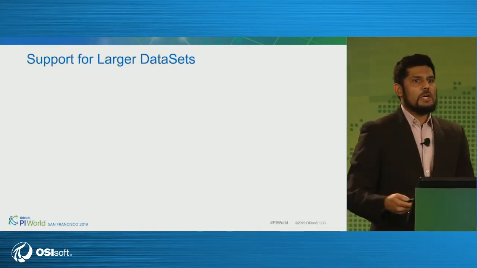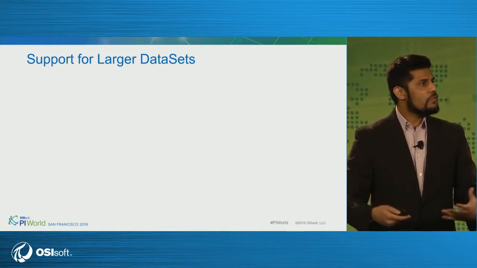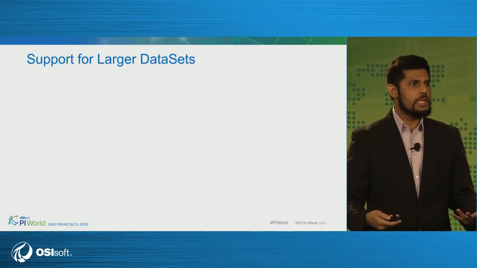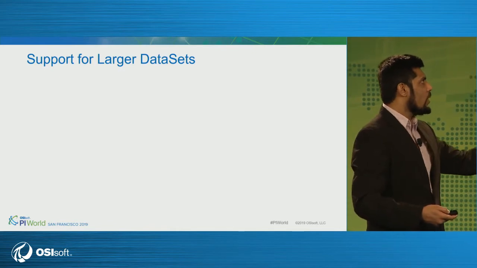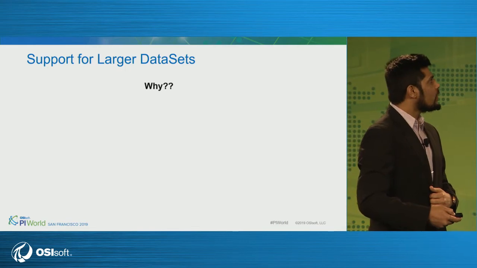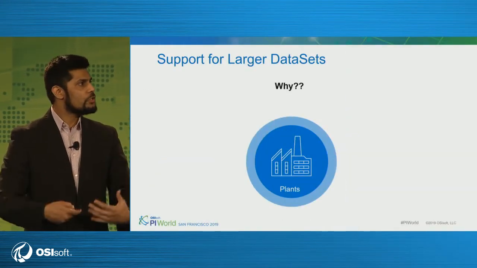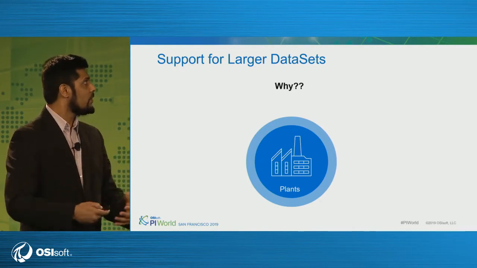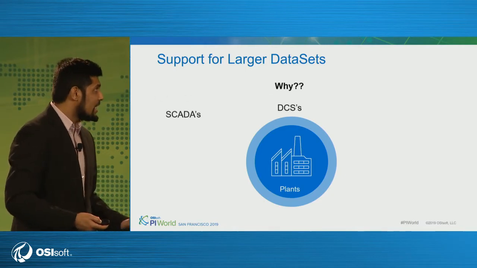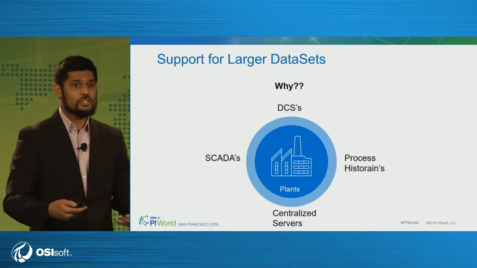As a product manager, it is my role to understand that the features and functionalities, the improvements that we are doing with our products resonate with a much larger audience. So one must be questioning, why would you do something like this? And the short and sweet answer is that the majority of our users, customers, existing and prospective, are still supporting a lot of the traditional data sources like your DCSs, your SCADAs, your process historians, and other kinds of centralized servers.